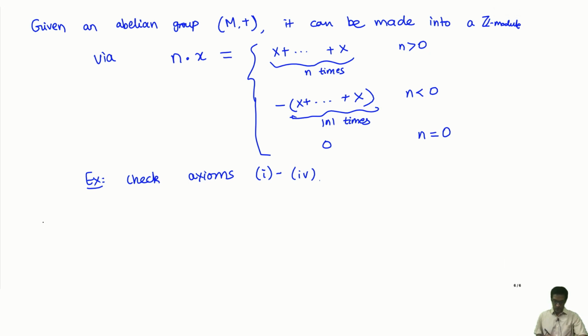Okay, so what we have just shown is that Z modules are really the same. It's a slightly loose statement because what same means is in the sense of our discussion. Z modules are the same as abelian groups.